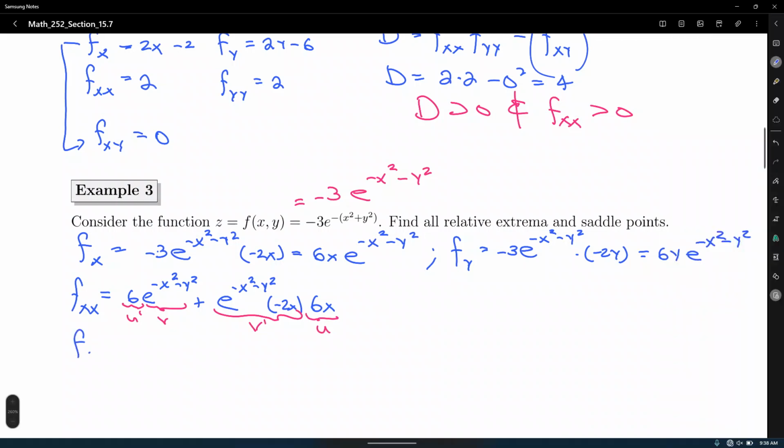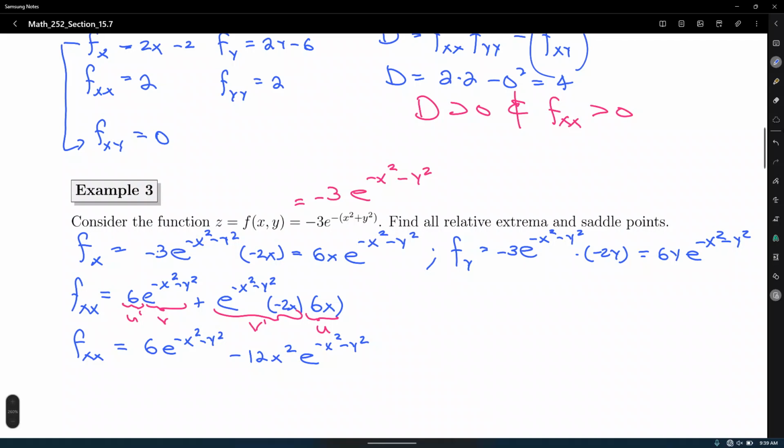Simplify this to get f double x equal to 6e to the negative x squared minus y squared minus 12x squared e to the negative x squared minus y squared. All right? So that's only the second partial derivative with respect to x, doubled with respect to x, by the way.